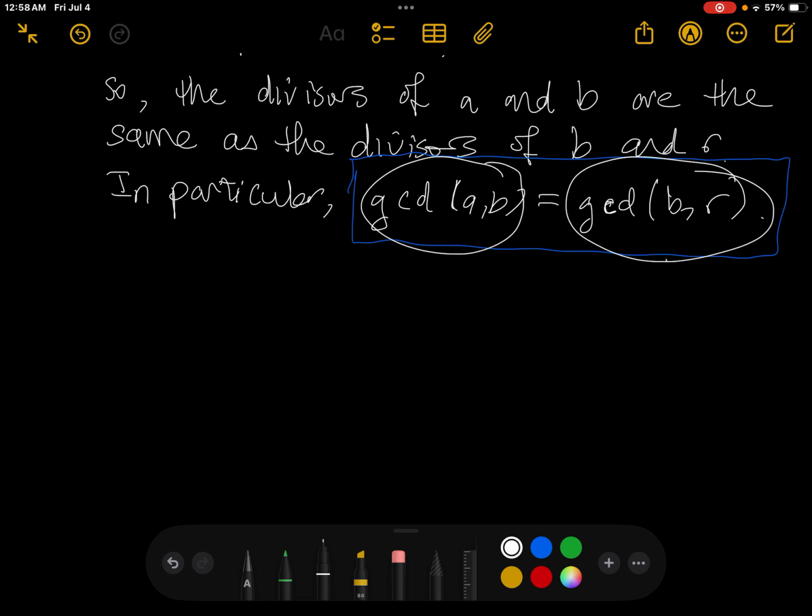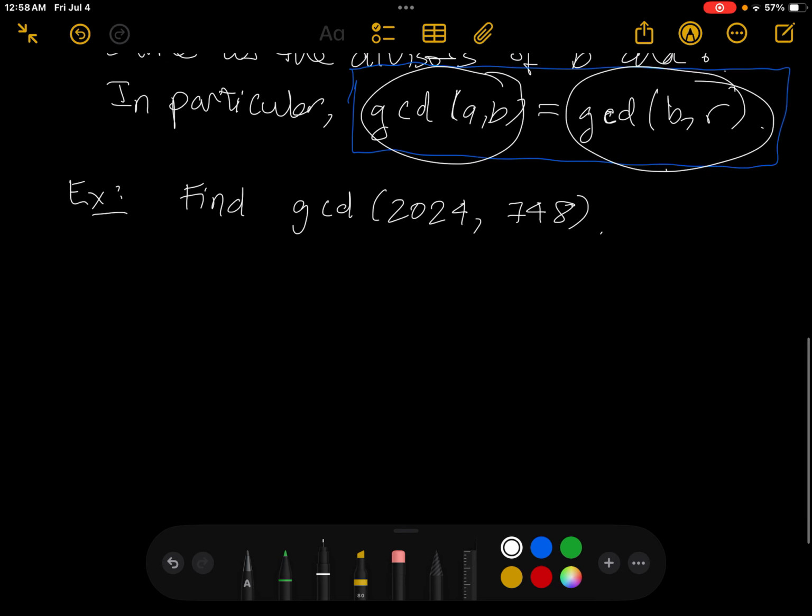Okay, let's just do an example just to illustrate this. So find the greatest common divisor of 2024 and 748. So we use division with remainder. 2024 turns out to be 748 times 2 plus 528.